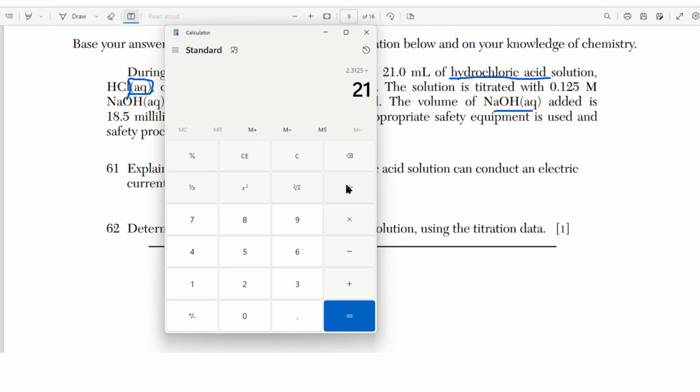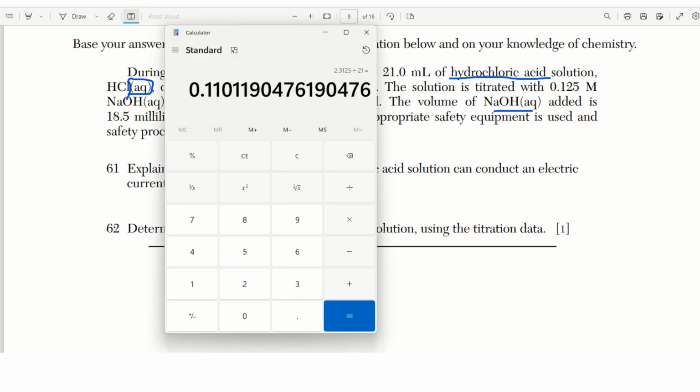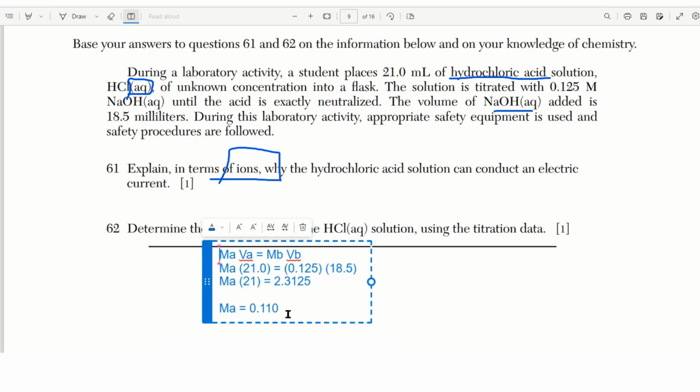Divided by 21. Okay, it's 0.11011. Okay, so MA equals 0.110. Let me just write it down again. 119 molar. All right. It doesn't say significant figure, so I could literally write that.